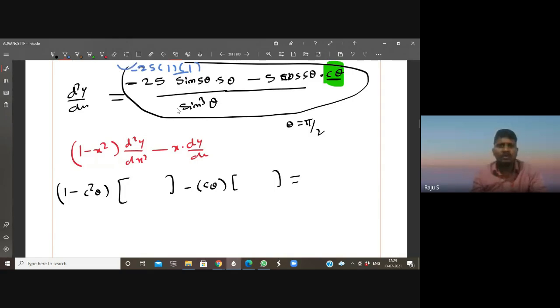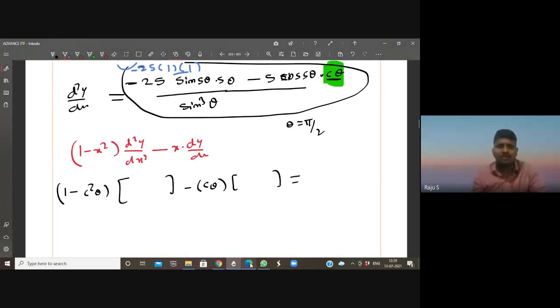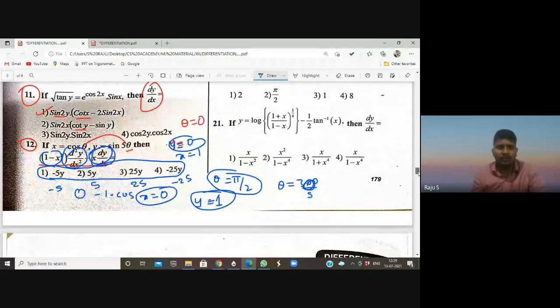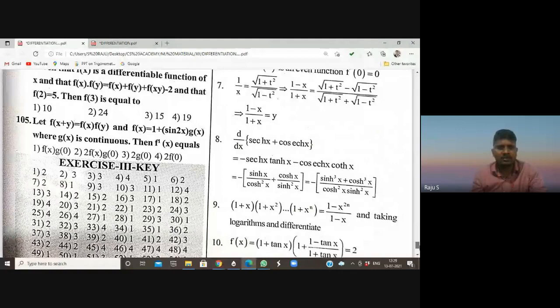Nothing but minus 25 is the answer. Once check that option verification. The fourth option is right.